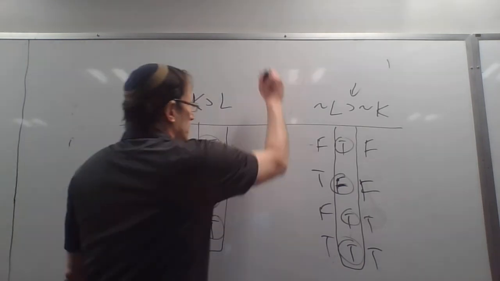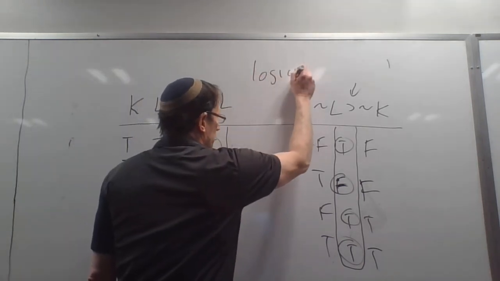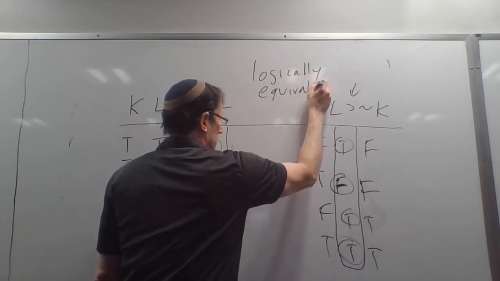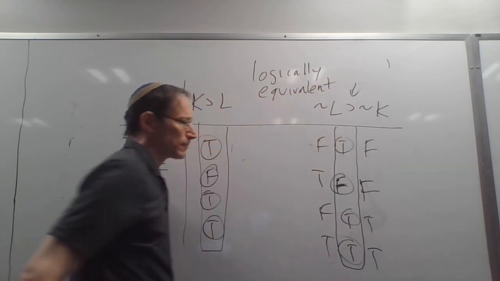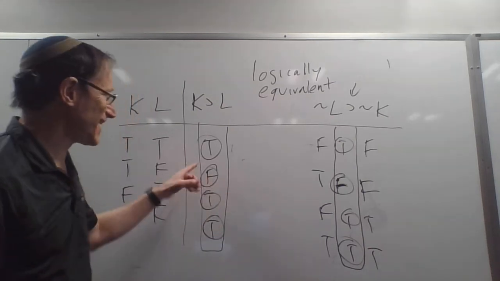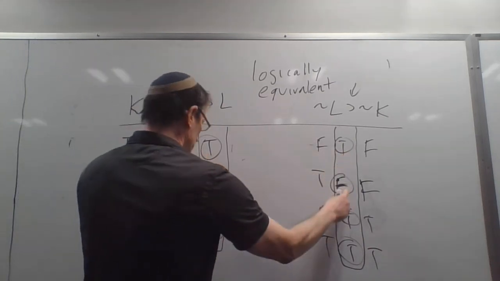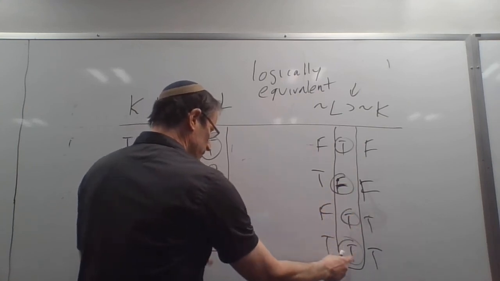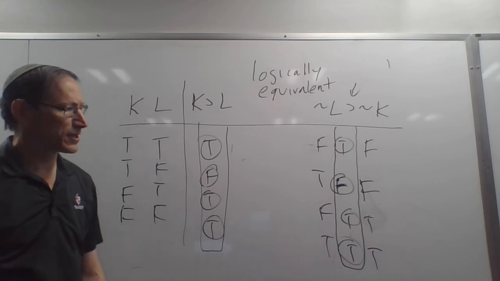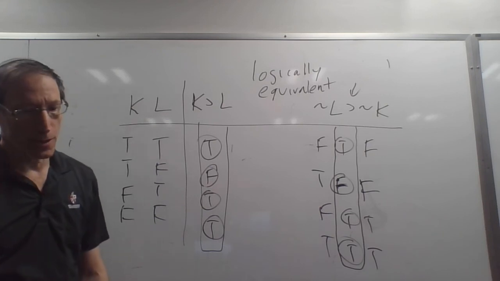So I'm going to say that these two statements are logically equivalent. A pair of statements is logically equivalent when they have the exact same pattern of truth values on every single row of the truth table. Didn't say that very well, but you get the picture, I hope.